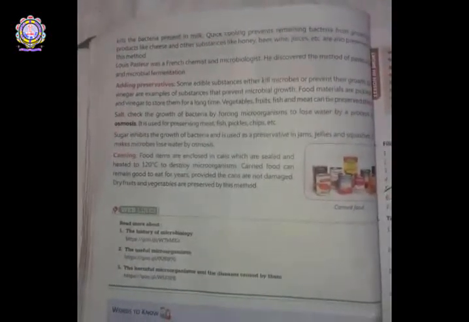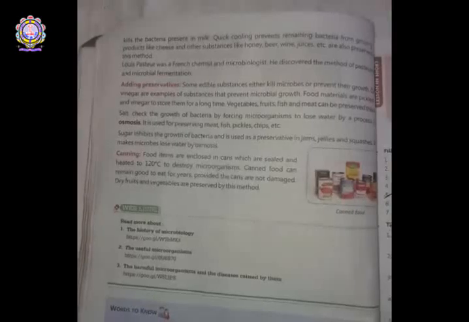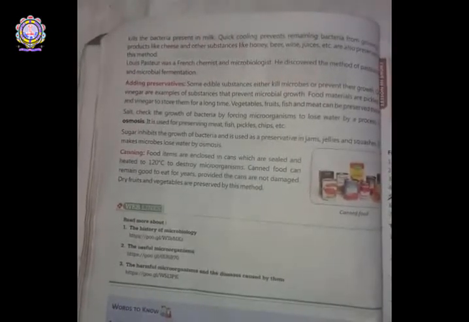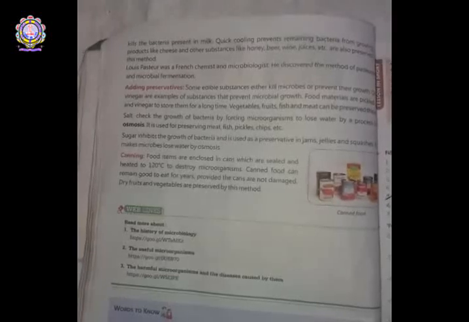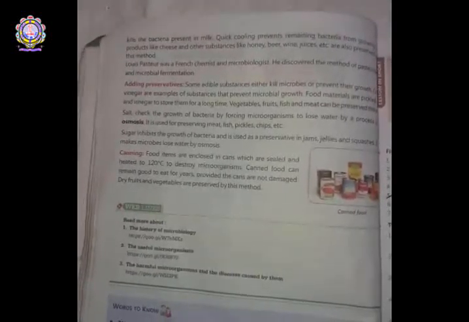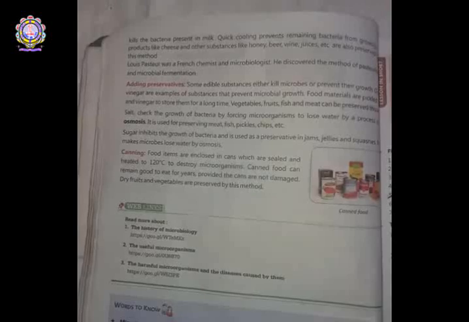One important process is osmosis. This method is used for preserving meat, fish, pickles, and chips also. In this process, there is loss of water in these materials.